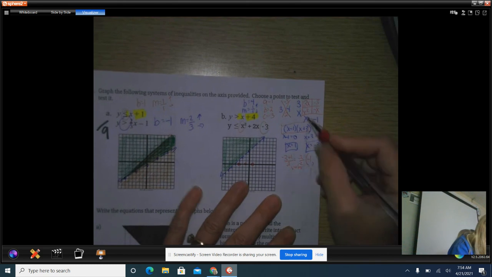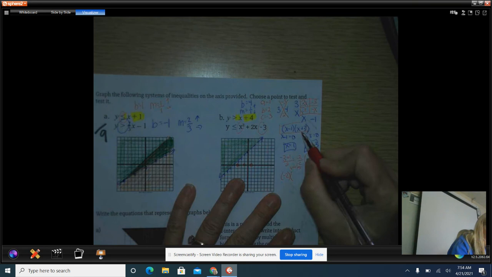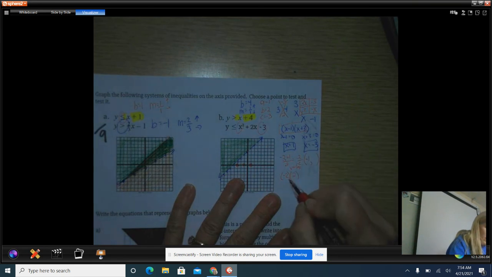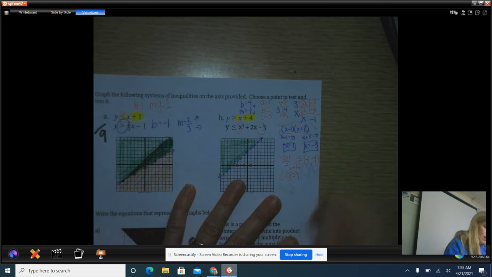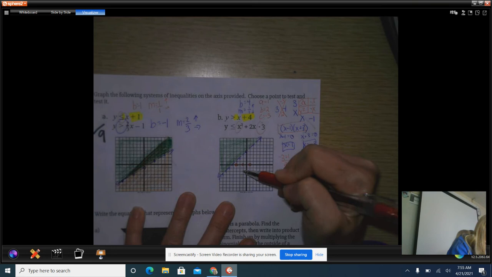So I have negative 1 minus 1 is negative 2, and negative 1 plus 3 is positive 2. Negative 2 times 2 is negative 4. So my vertex is going to be at negative 4. 1, 2, 3, 4.